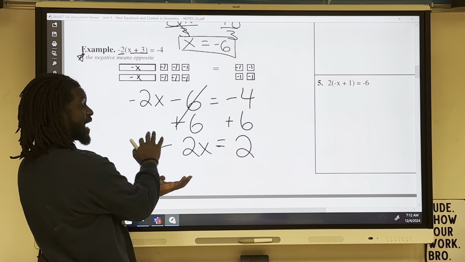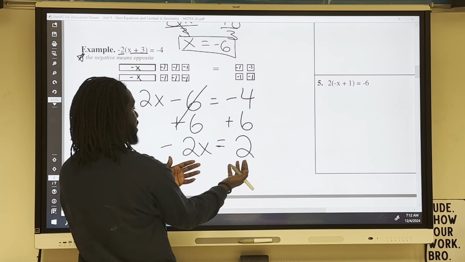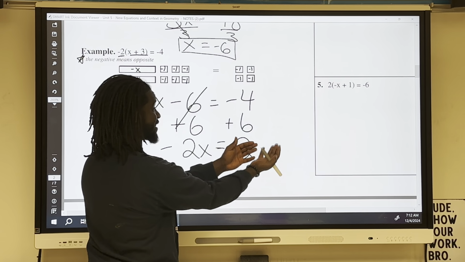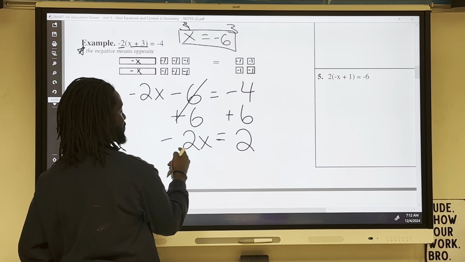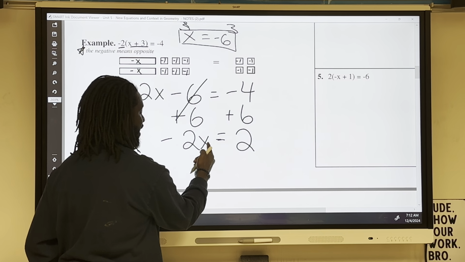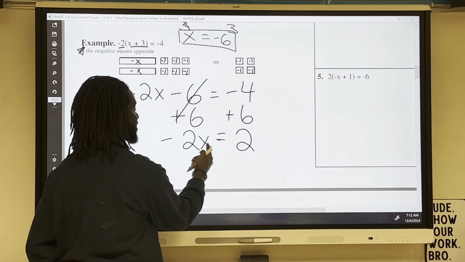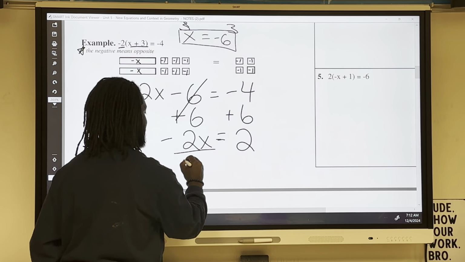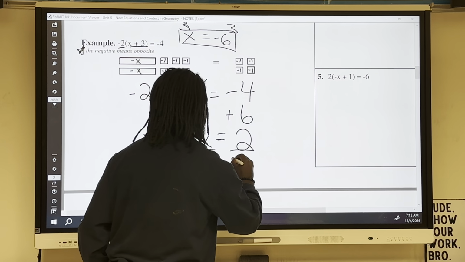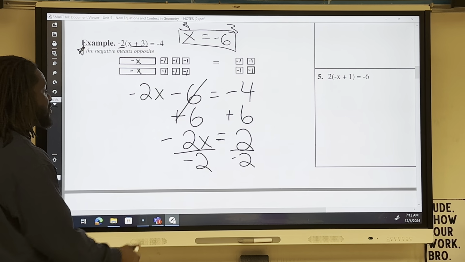Again, negative means the opposite. But whenever I have a number next to a letter, a variable, this is multiplication. So the inverse of multiplication, or the opposite, is division. So I've got to divide by negative 2, all right?